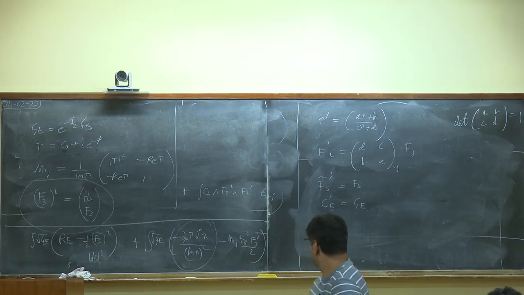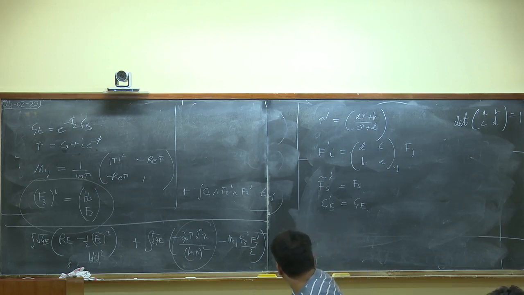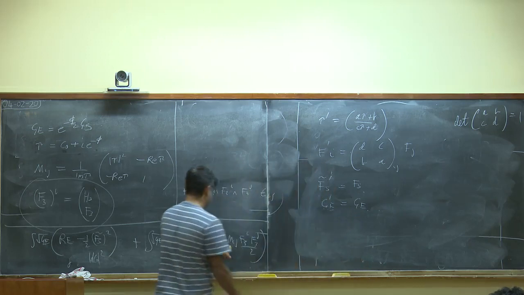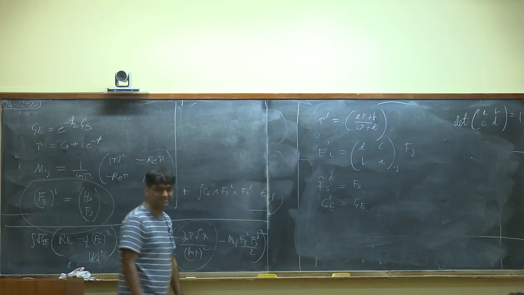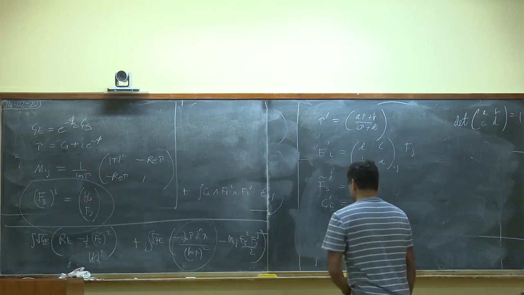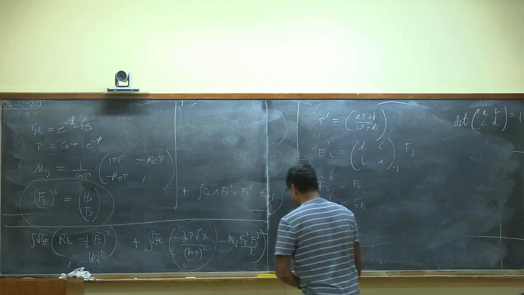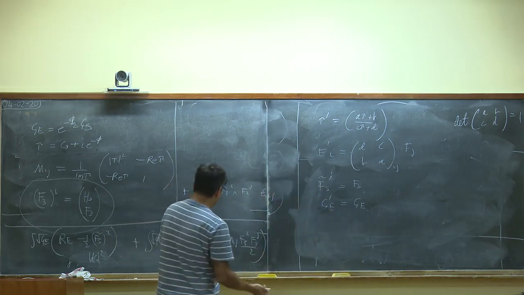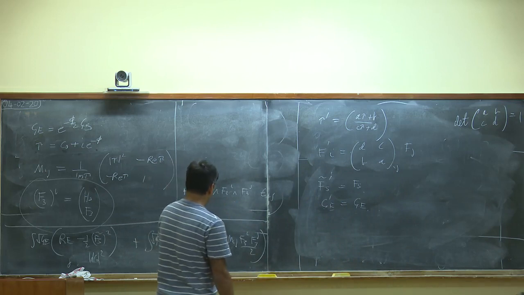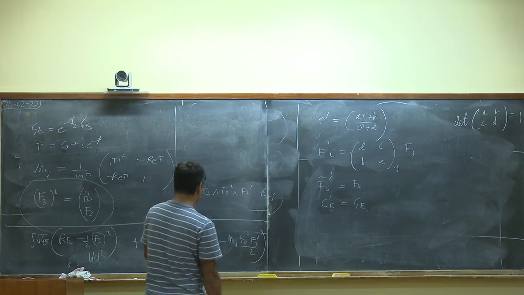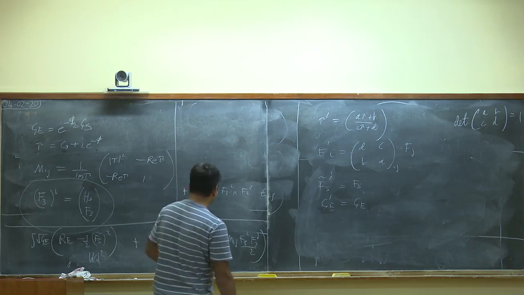Okay, what about this, M_ij F3i F3j? Well, this is simply the statement that M transforms, that one of them is like the inverse.